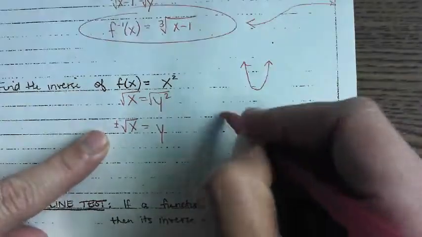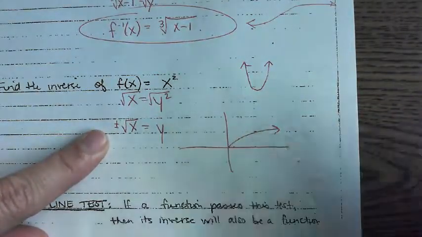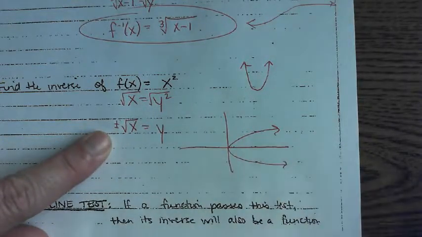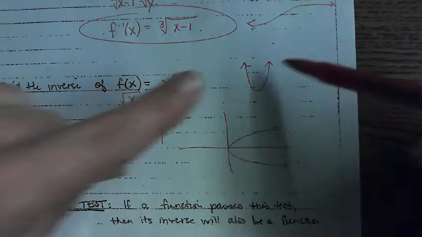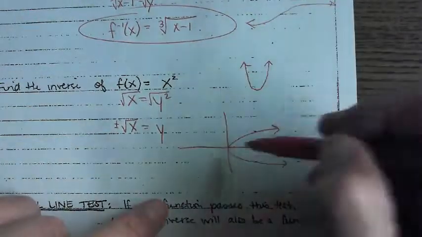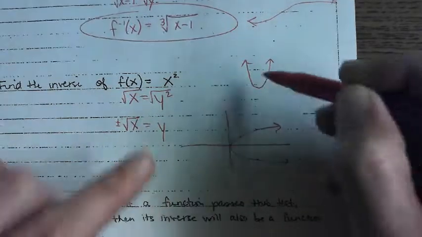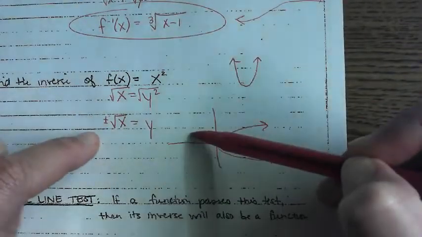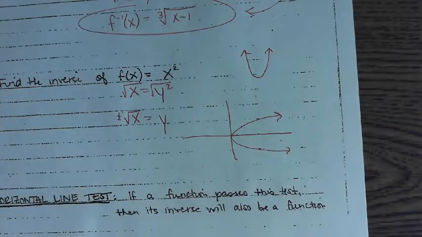Because here's what positive square root of x looks like, and here's what the negative square root of x looks like when you flip it over. And although this to this is a reflection across the line y equals x, yes, they are inverses, but this is a function and this one is not. Therefore, collectively, this is not a one-to-one function situation.